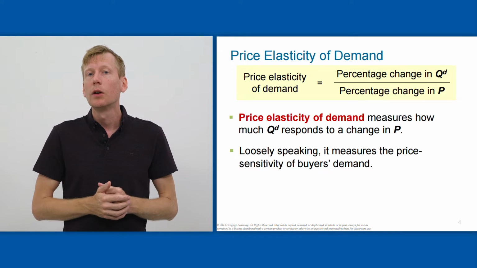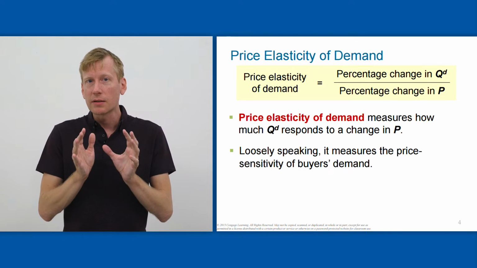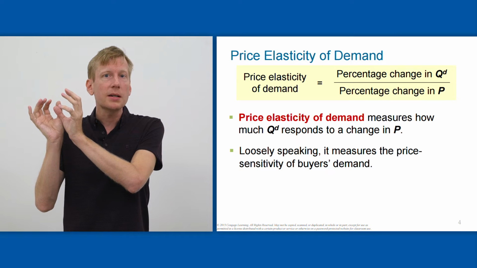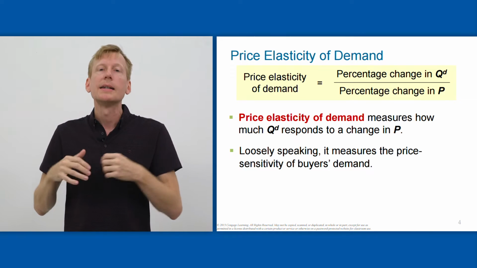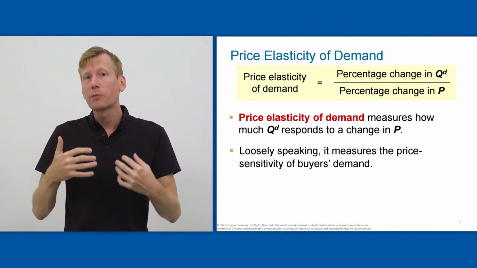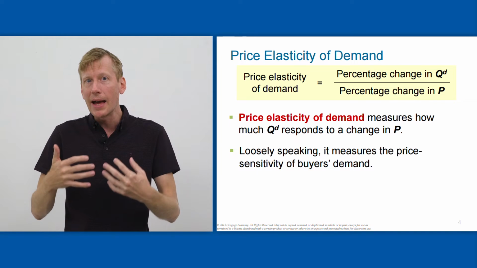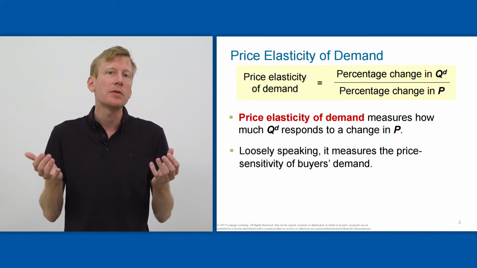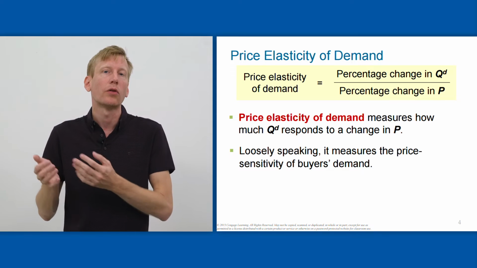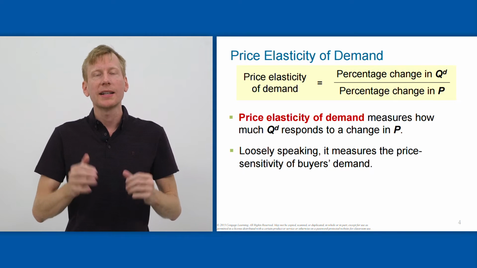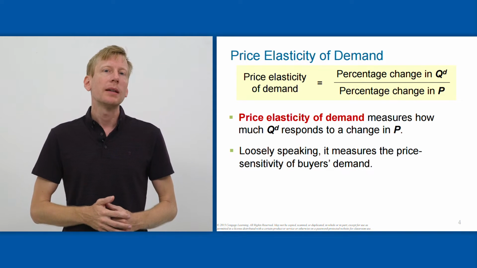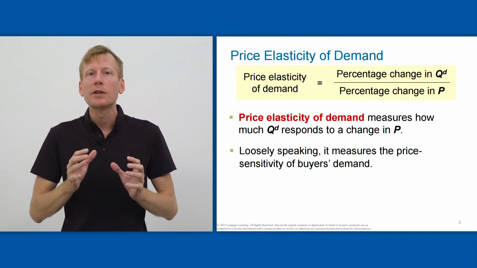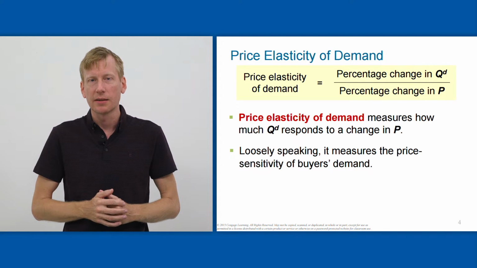Loosely speaking, we would say that this measure, the percentage change in quantity divided by the percentage change in price, simply measures how responsive buyers, demanders, are to changes in the price. If we have a high value, say 5, 10, 20, for our own price elasticity of demand, this would mean that buyers are highly responsive to change in the price.